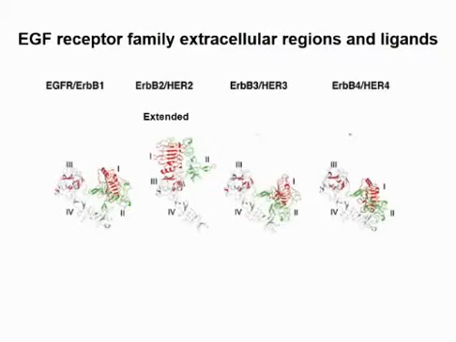A lot of this has come from structural biology as well. The structures of all 4 members of the family have now been solved, and for 3 of them, the structures look the same. This is just the extracellular region of the receptor tyrosine kinase, the bit sticking out.